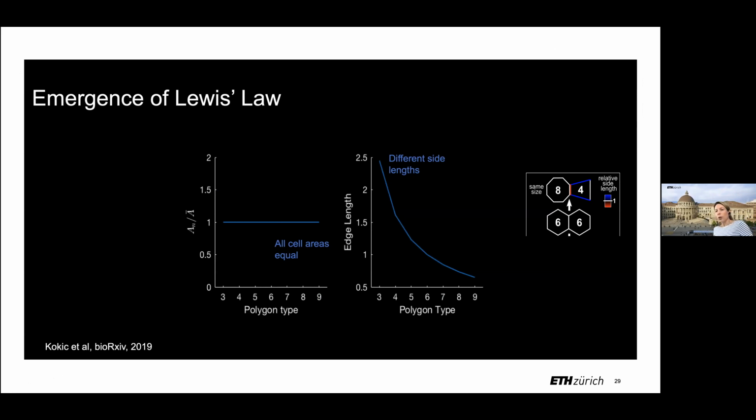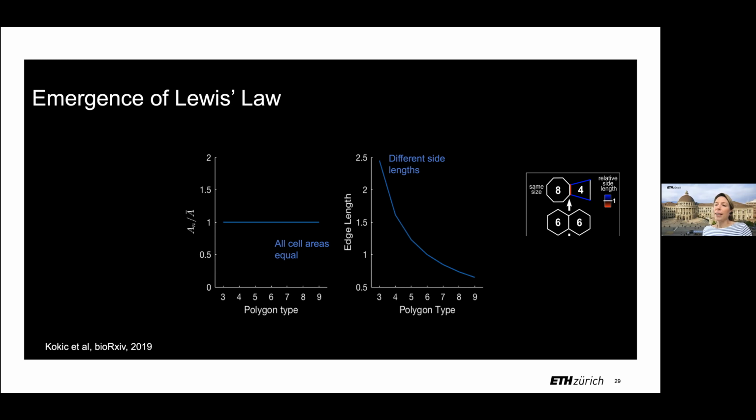So we are in this polygonal lattice, and let's assume we have equal cell areas for all our polygons. If you have equal cell areas, then each polygon type would have a different side length. If you're now trying to fit that into a contiguous lattice, then we would have to deform our cells so that they can fit in. If I deform my cells, then I increase the perimeter.